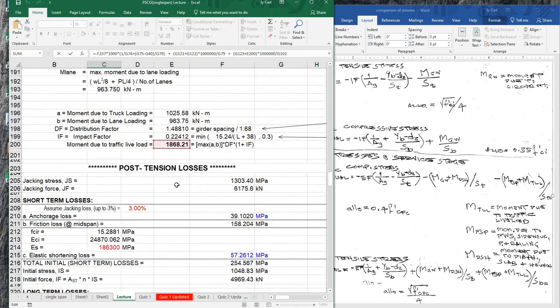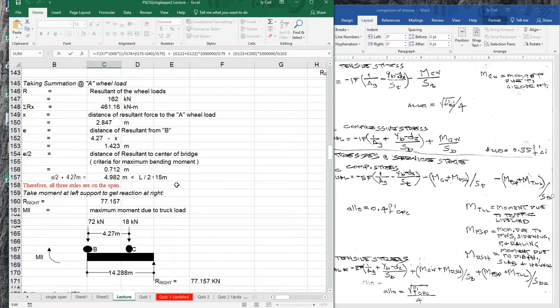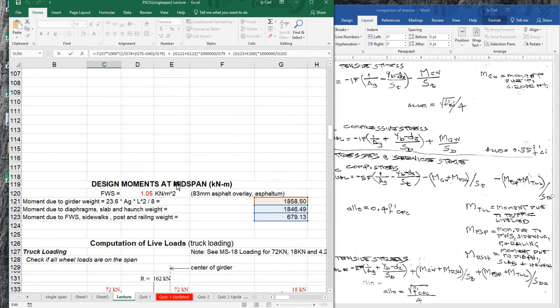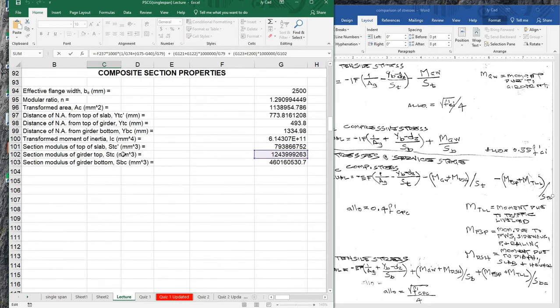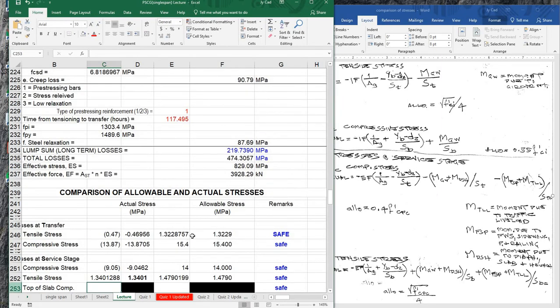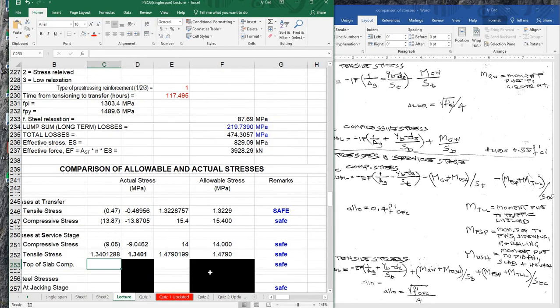Okay. Composite. Ayan. This should be bottom. So, SBC. Yan. So, i-click ko lang yan pababa and then I will now press enter. Okay? So, parehas na sila. Yan.